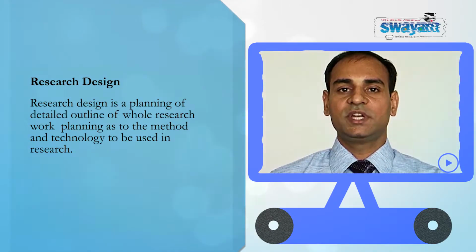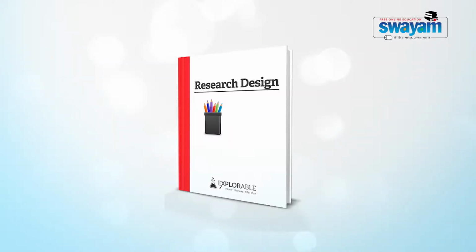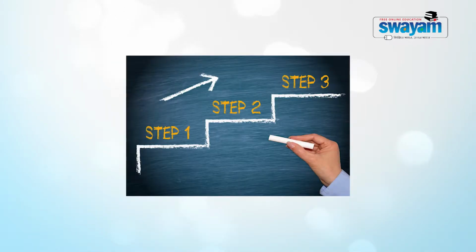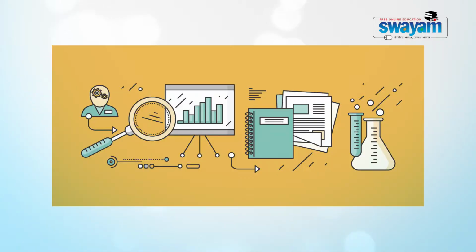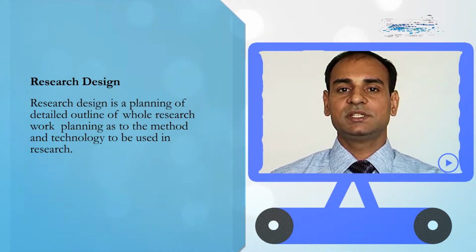In ordinary terms, research design is a planning of the detailed outline of any research work. That planning includes steps from the beginning to last, tools and techniques, a particular pattern of working, that is method, specific scientific methods, including the formulation of hypothesis. This is all part of research design.